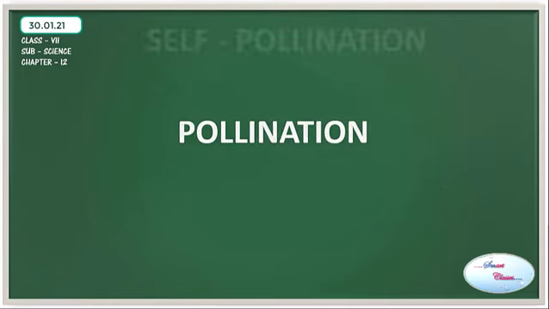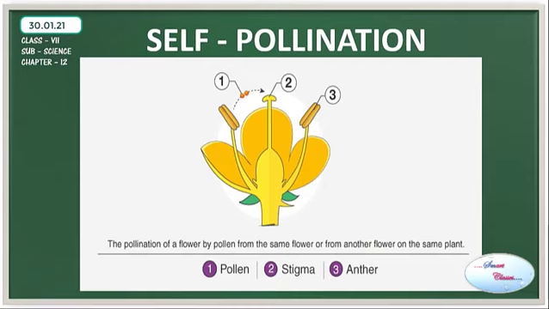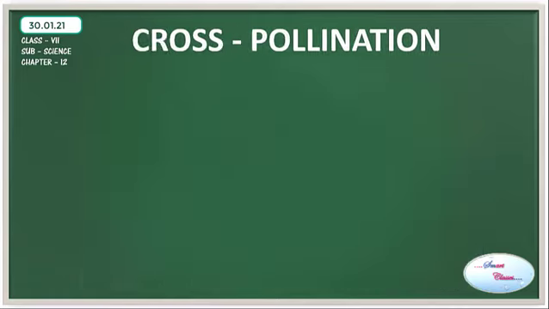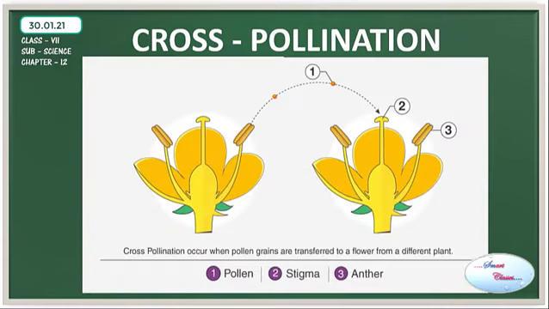It can be a case of self-pollination if pollen lands on the stigma of the same flower or another flower of the same plant. But if pollen grains land on the stigma of a flower of a different plant but of the same kind, it is called cross-pollination.